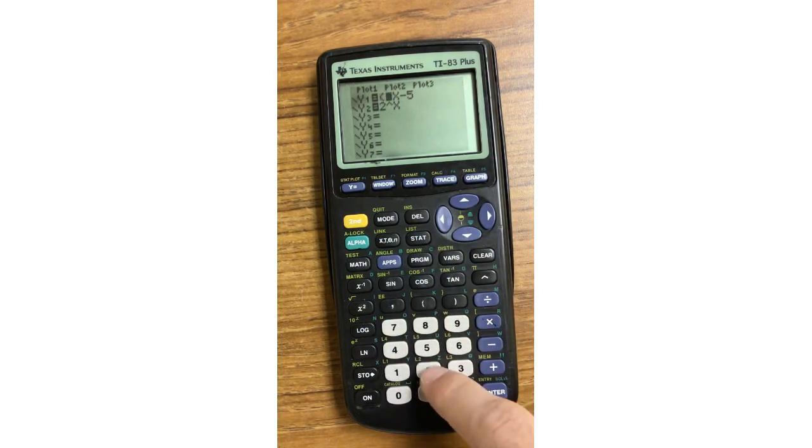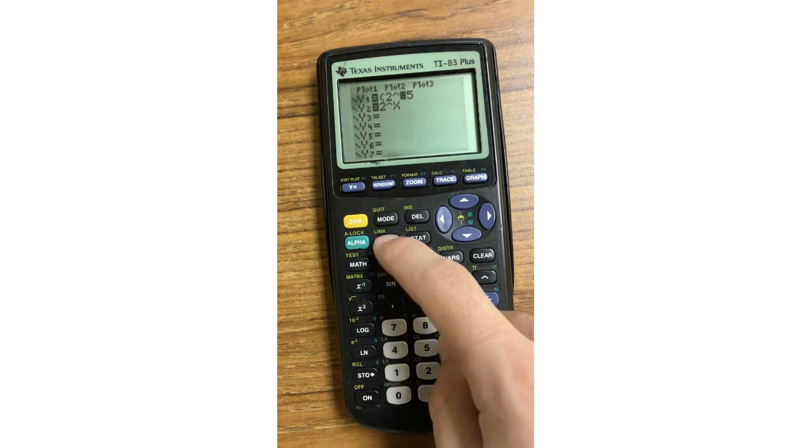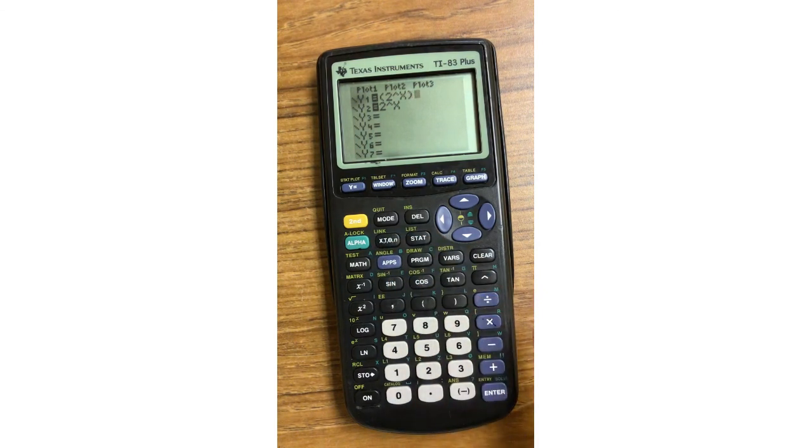I'm going to put this in parentheses, 2 to the power of x minus 5. And notice when I subtract 5, that's going to move it down 5, right? So from my parent function, as we've talked about parent functions the entire year, I'm able to transform it down 5 by subtracting 5 from it, okay?